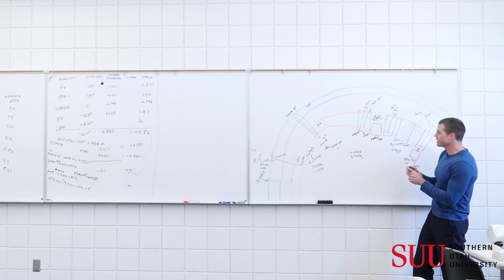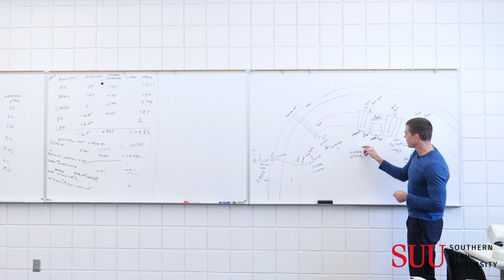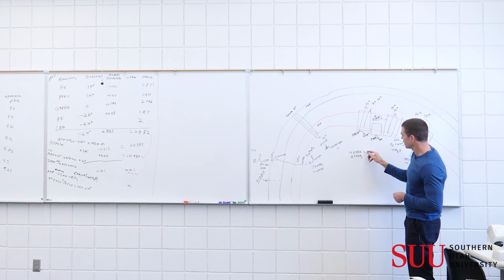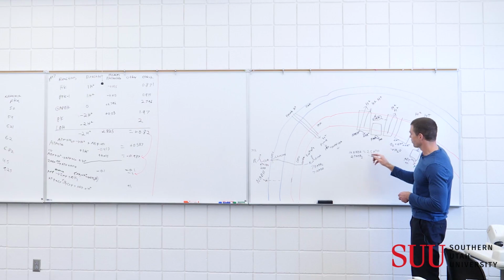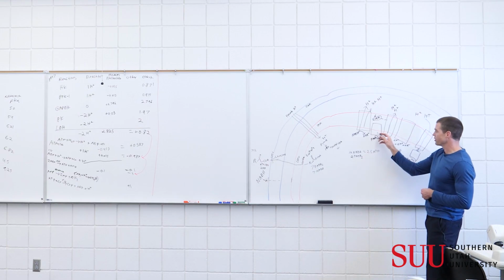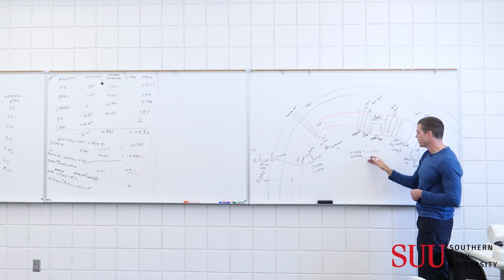This is why each NADH molecule is worth 2.5 ATP. Whereas if you use the FADH2 right here, you skip this proton pumping action, and so in this case, it's only going to be worth 1.5 ATP.